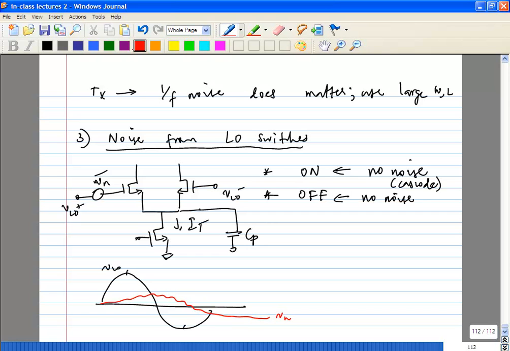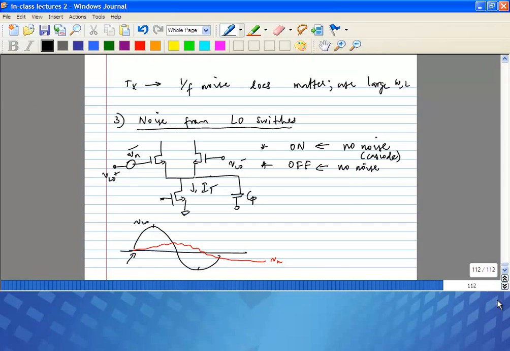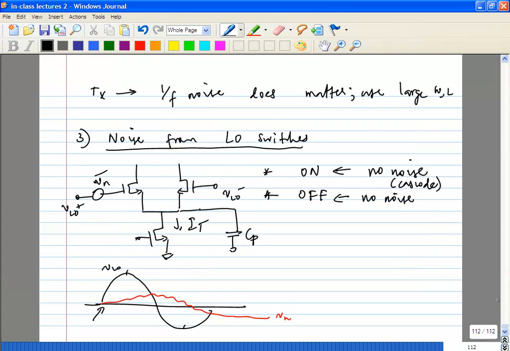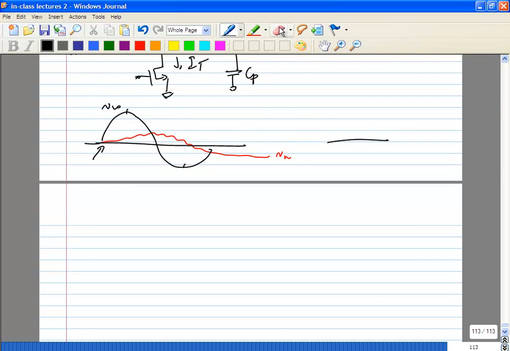So what's going to happen if you zoom in here? What you'll see is the sinusoid, the zero crossing of the sinusoid.